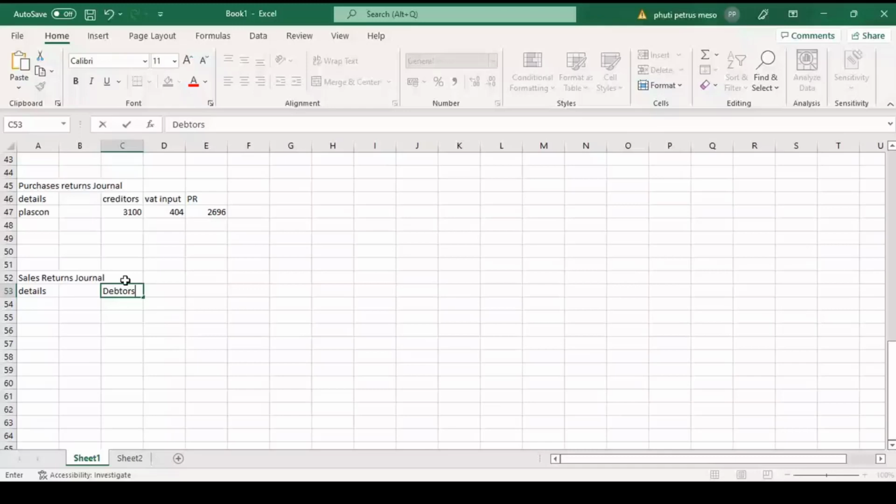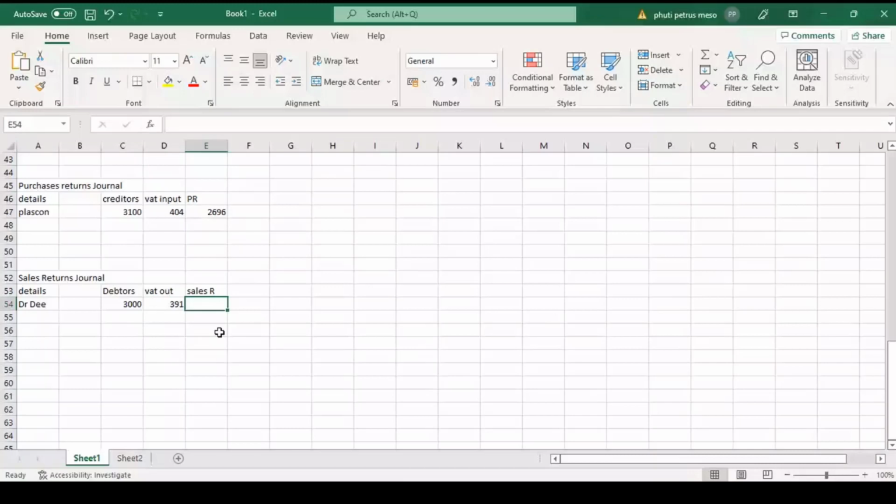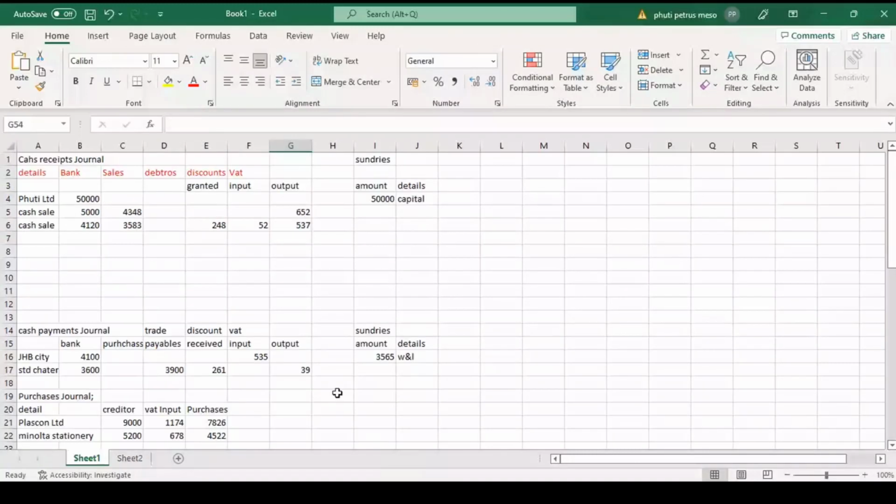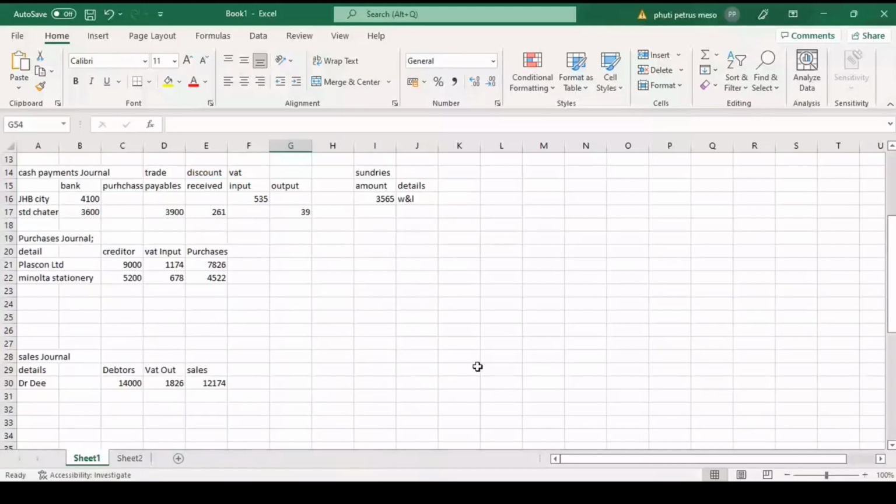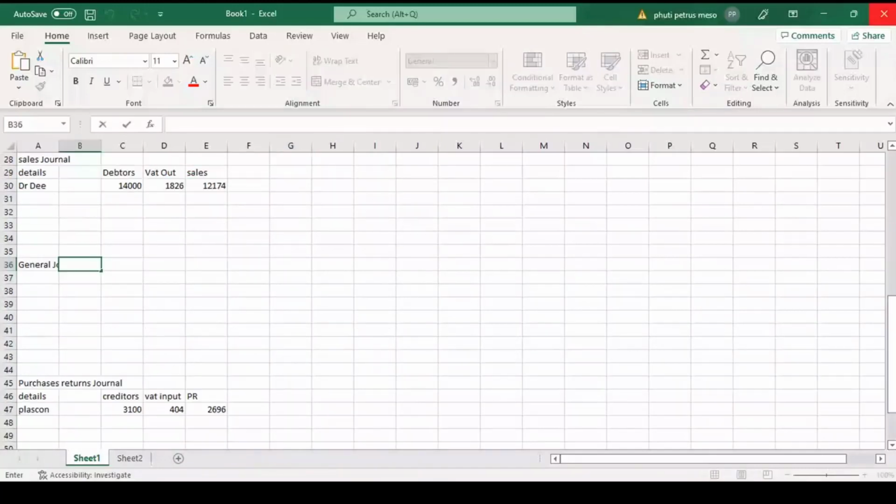And then the VAT output is going to be 3,000 rand multiplied by 15 divided by 115. So 3,000 multiplied by 15 divided by 115 is 391. Then we're going to look at the sales return, which is 3,000 minus 391. Then you go 2609.